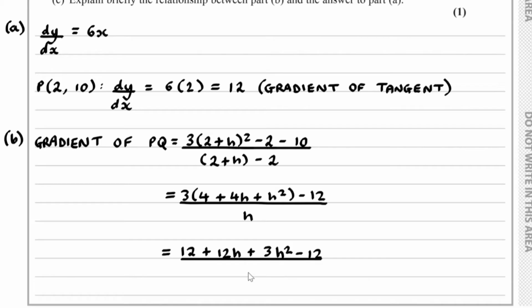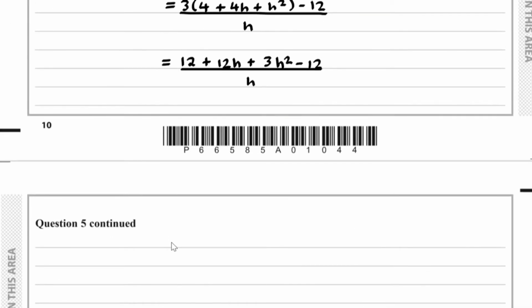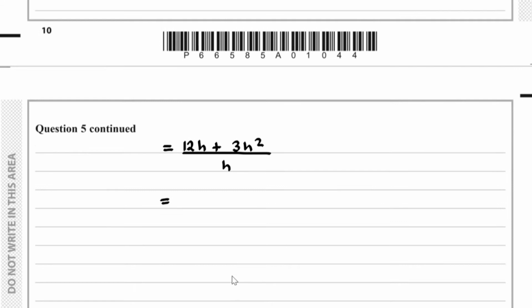And on the bottom, we've got h. So we can conclude then what we end up with as the gradient function: 12h plus 3h squared divided by h, which is just 12 plus 3h.